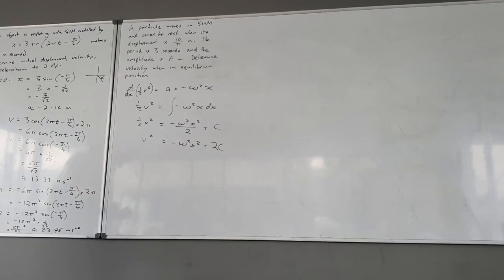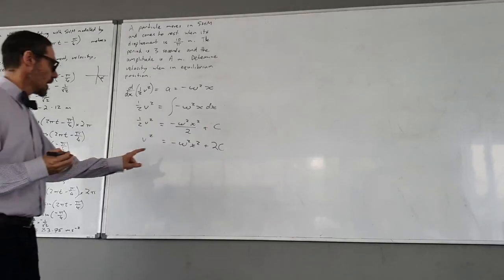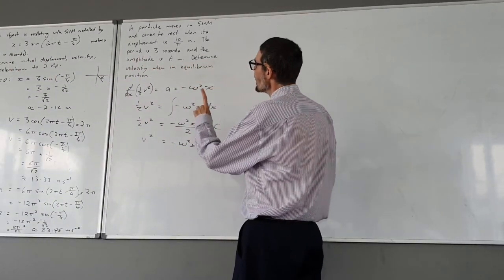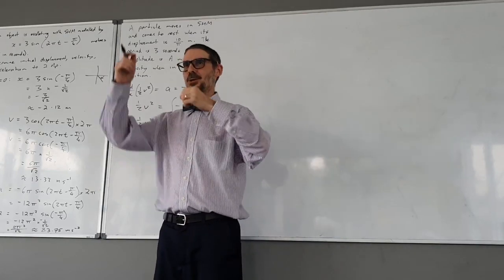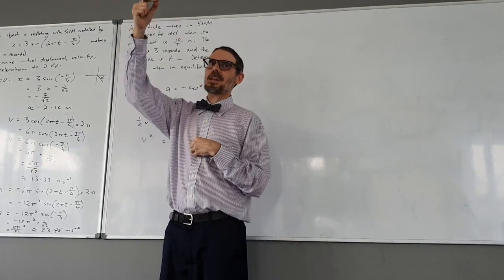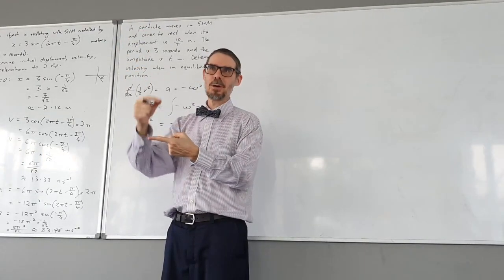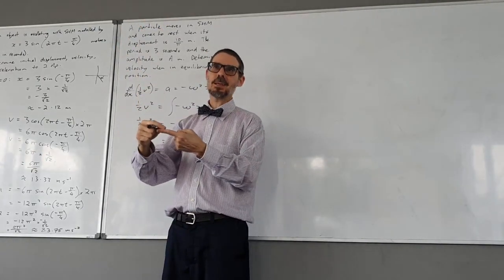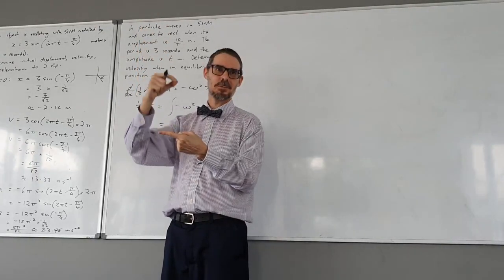But what else do I know? I also know that simple harmonic motion, think of something on a spring, when it comes to rest, v is 0, it's at either plus or minus amplitude.